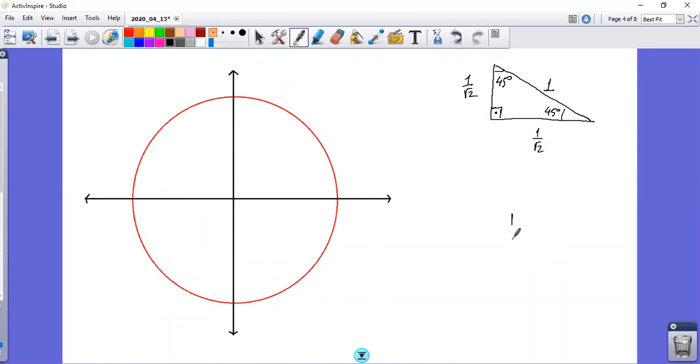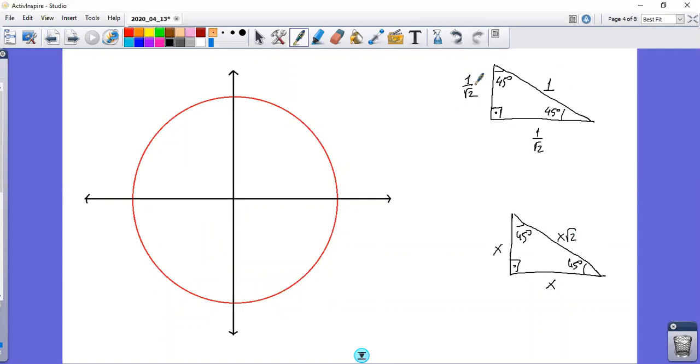Let me explain the reason. If this is 45, 45, so if this is x, this must also be x, and the hypotenuse is x root 2. We learned this, right? So to find the value of these sides, we divide the hypotenuse by root 2. If you divide x root 2 by root 2, you get x.